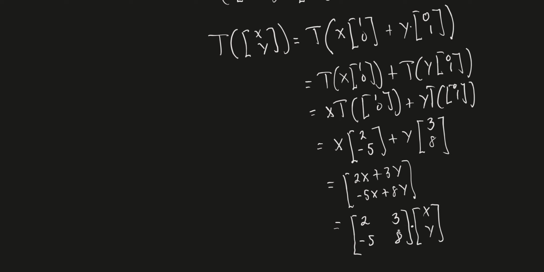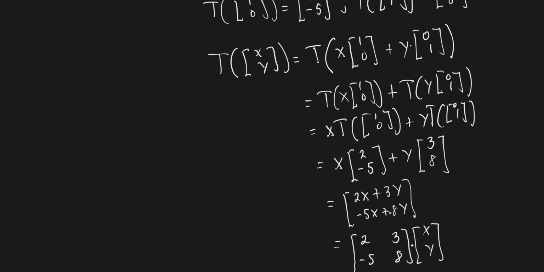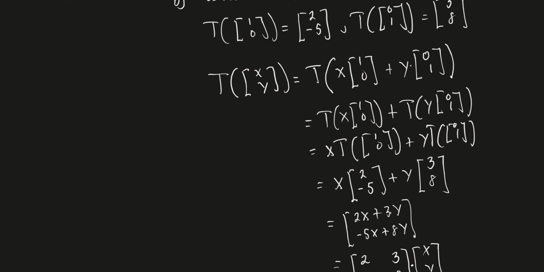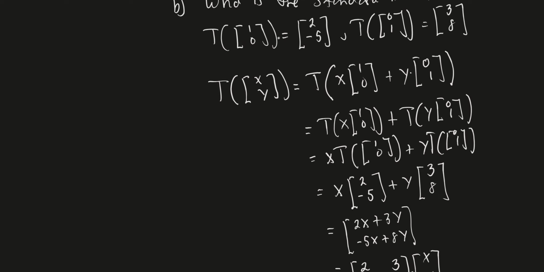So the standard matrix of this transformation, and look at that, the columns of my matrix end up being the exact same columns of the image of the standard basis vectors. So the first column is your (2, -5). The second column is your (3, 8), right?